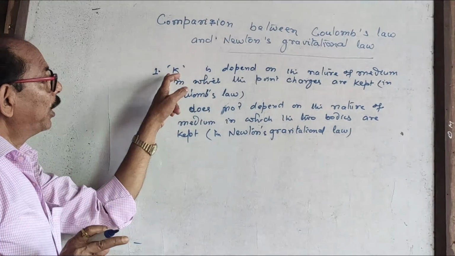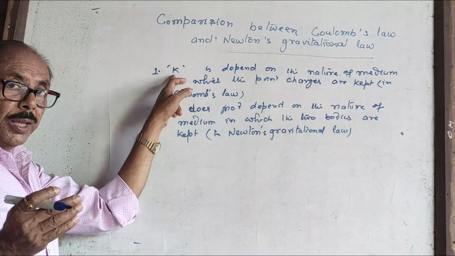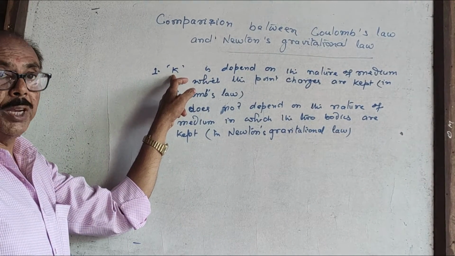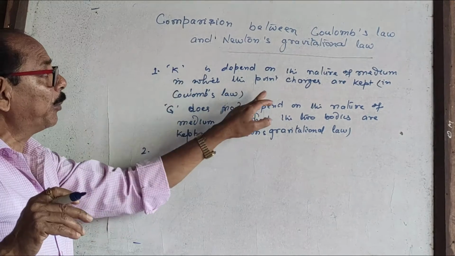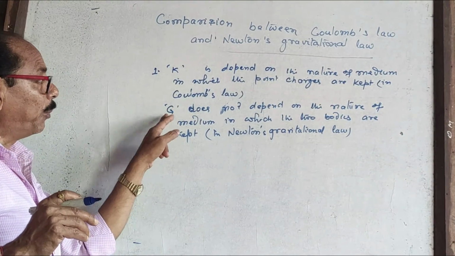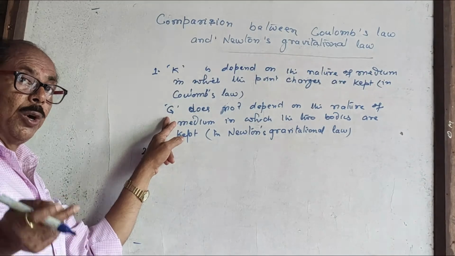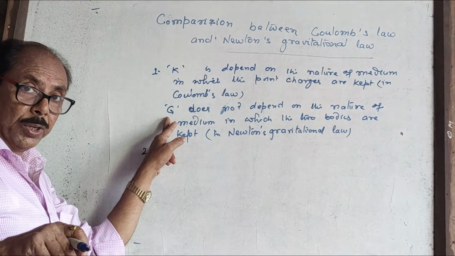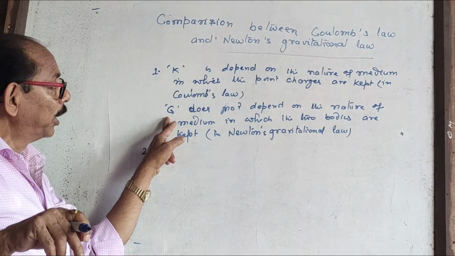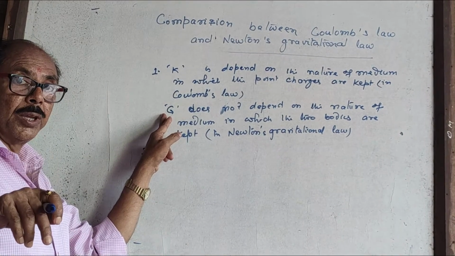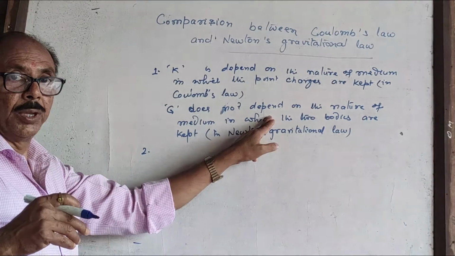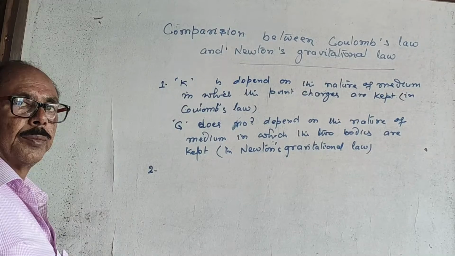That means the value of K varies according to the nature of the medium. But the value of G, which is also a proportionality constant called the universal gravitational constant, is fixed everywhere in the universe.